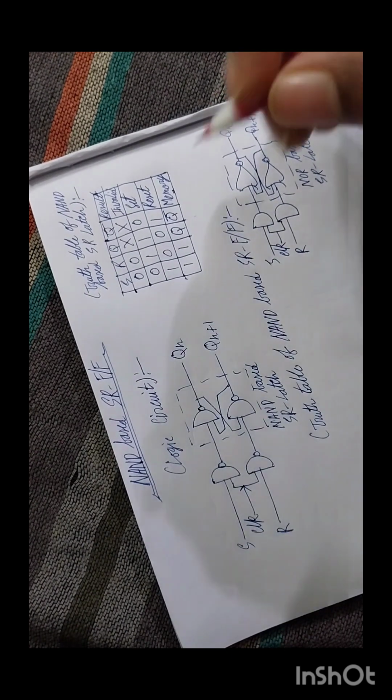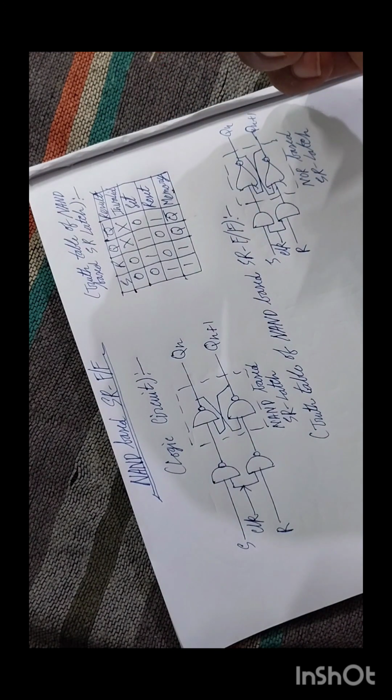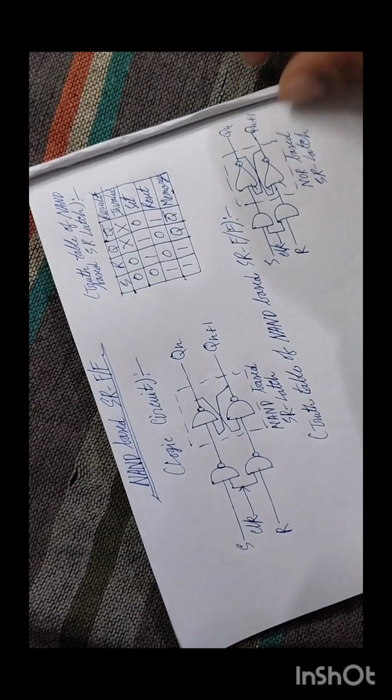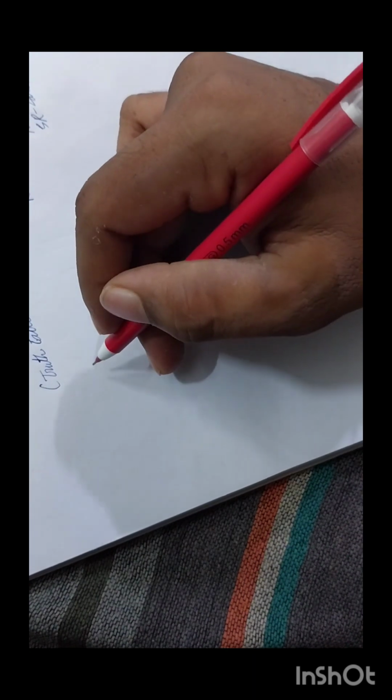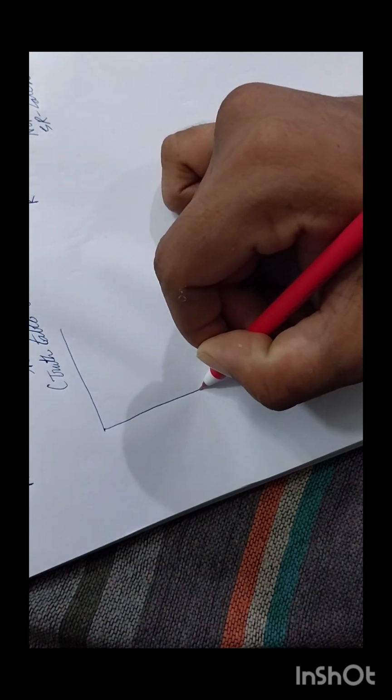So you can make the circuit of SR flip flop using NAND gate or NOR gate. But the truth table of both of these will be the same. Okay, so now let's draw the truth table of NAND based SR flip flop.